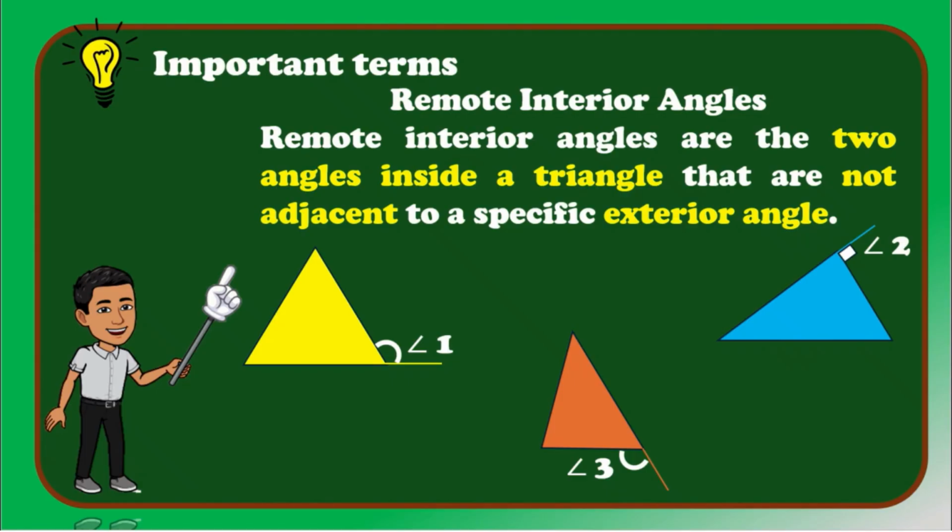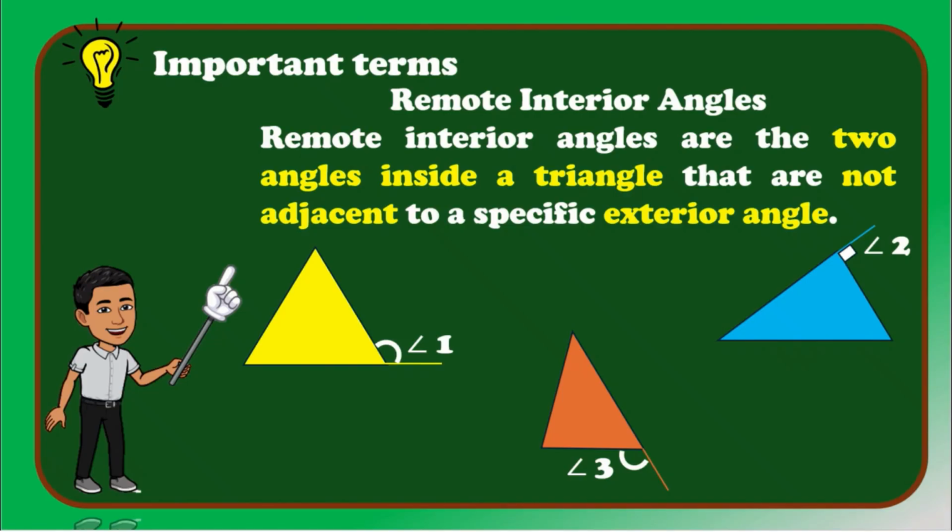What are those remote interior angles? The remote interior angles are those two angles inside a triangle that are not adjacent to a specific exterior angle. Let's have first triangle number one, which is the yellow triangle. Based on the illustration, we have an exterior angle that is angle 1.